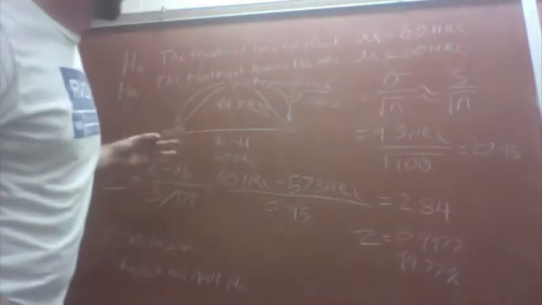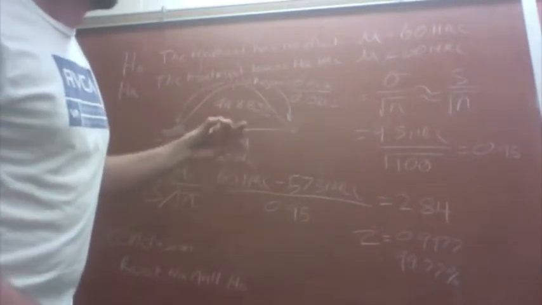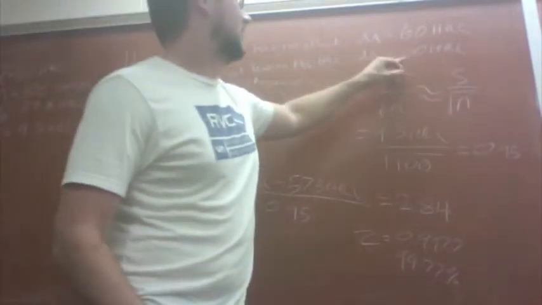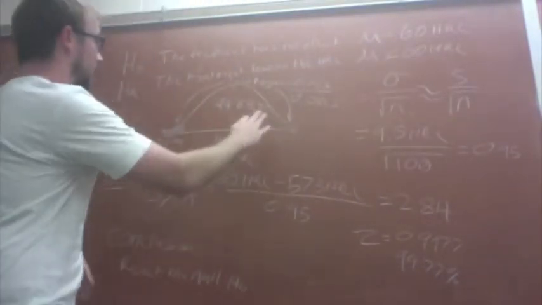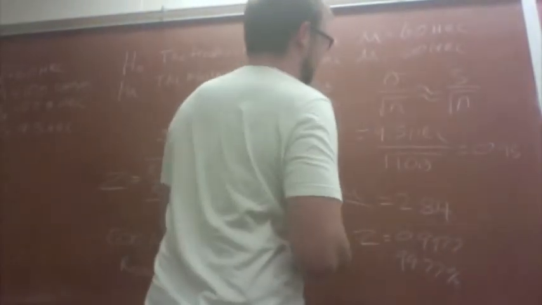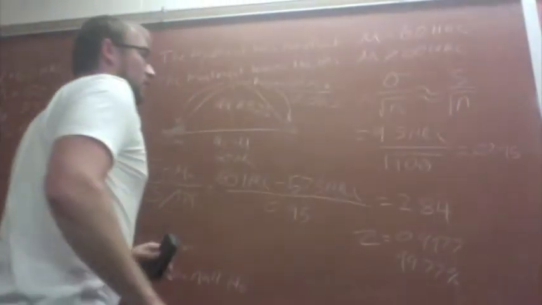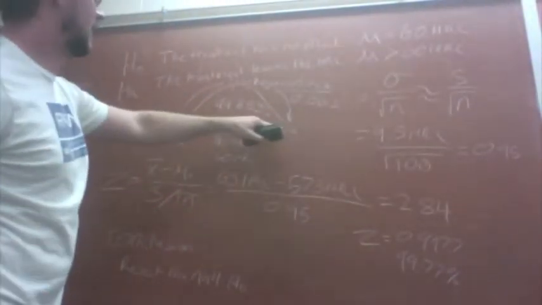And that's how you're going to go about solving a one-tailed test. If you're looking for the mean to be greater than this area, you would do the opposite. So changing this value around and saying that it's going to be greater, we're going to be looking for just this area that's on top.